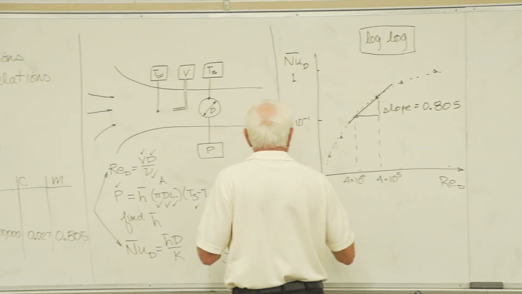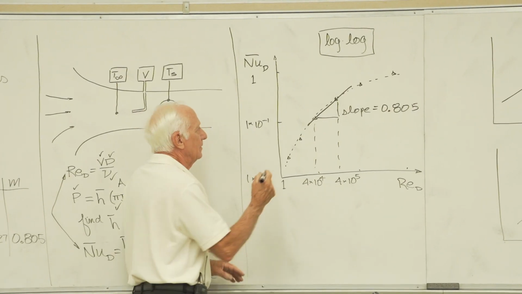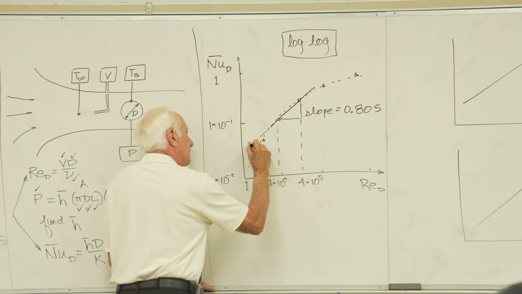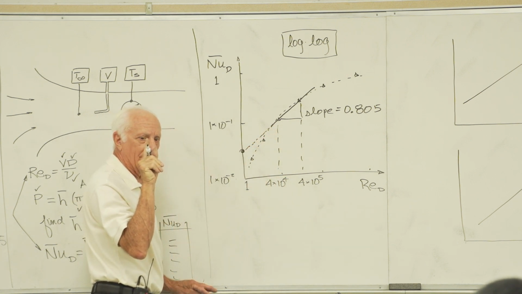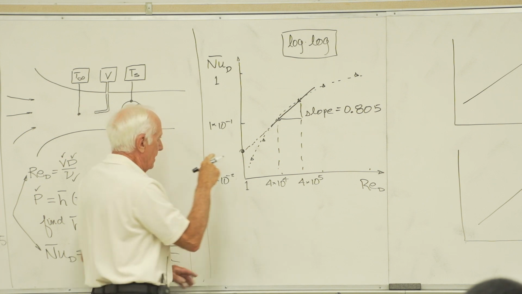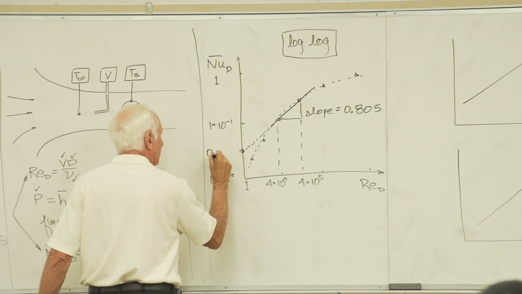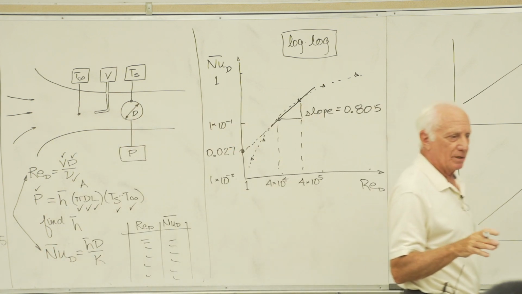Now, how do I get C? Well, you extend that straight line all the way down to where Reynolds number equals 1 on the log axis. And that is C, 0.027. That's the game they play.